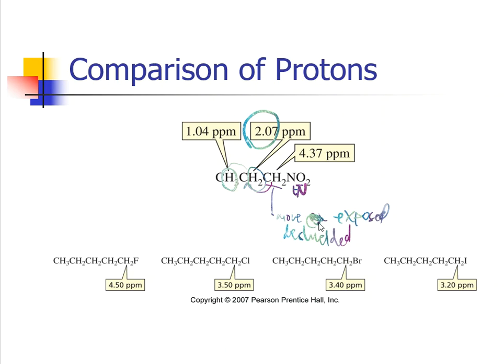They are shielded from that magnetic field. Because they're shielded, they are more upfield, and you're seeing a 1.04, very close to the 0 TMS number. Again, the reason is that it doesn't take a lot of energy to get these to flip. That magnetic field is not pulling on them that much.